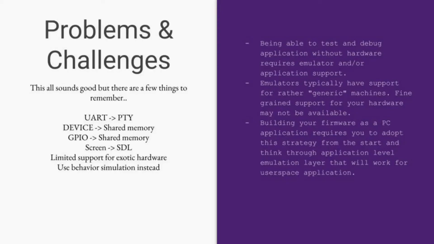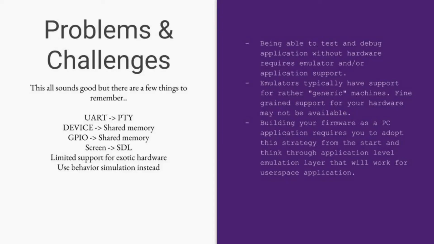So what you would do then is try to emulate behaviors instead of emulating the hardware. If you have an LED controller, you would not emulate the I2C level transactions for that LED controller. You would just emulate the behavior of the LED controller. If you're running as a user space application, you would just not have that lowest level that communicates with hardware. You would just have behavioral simulation.